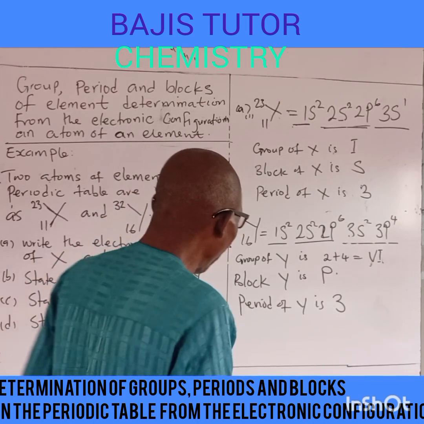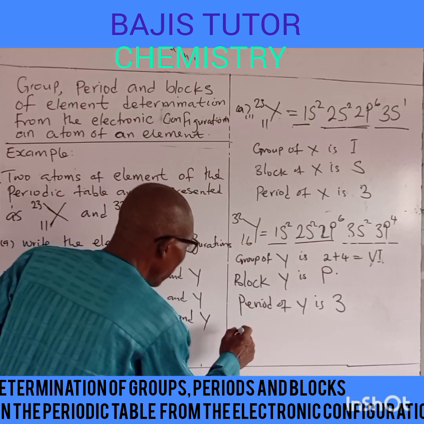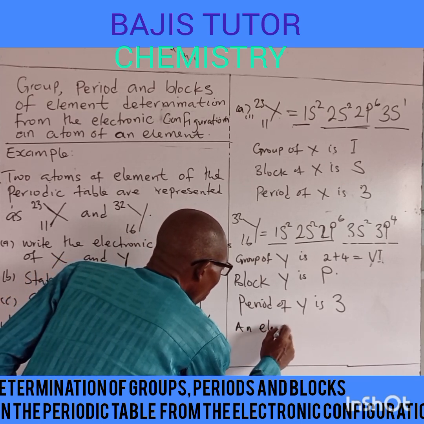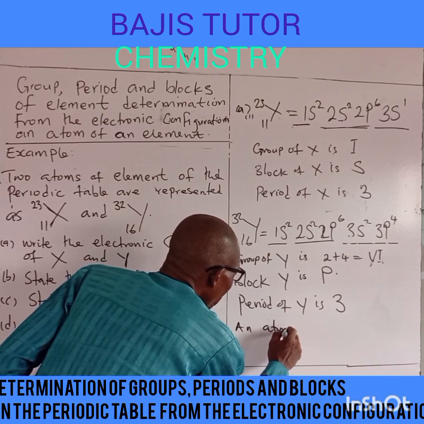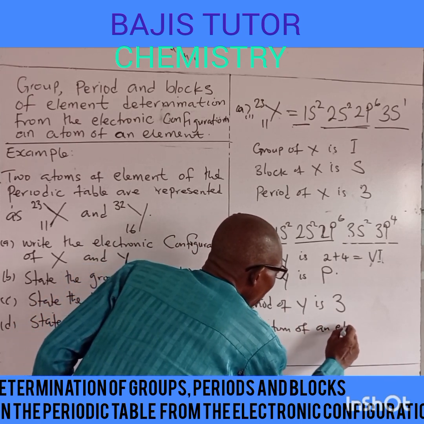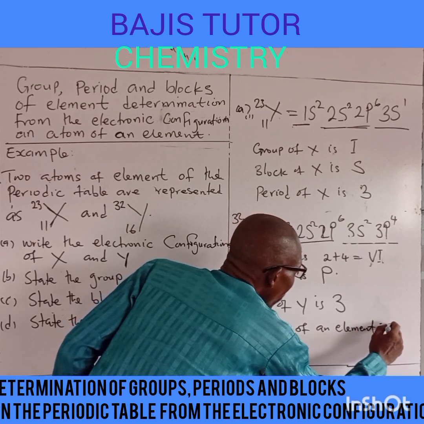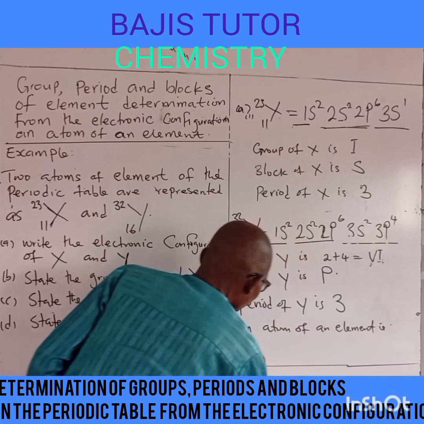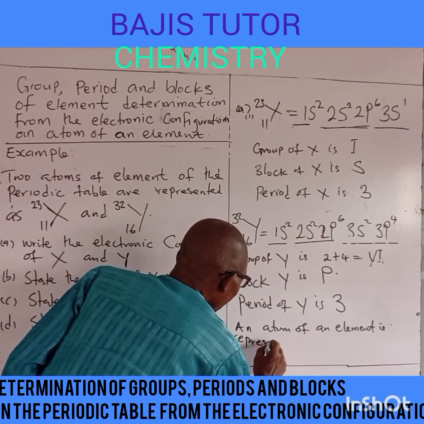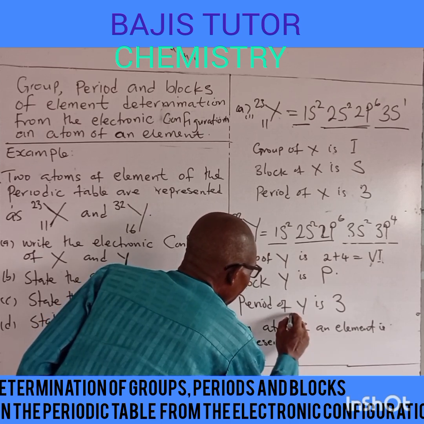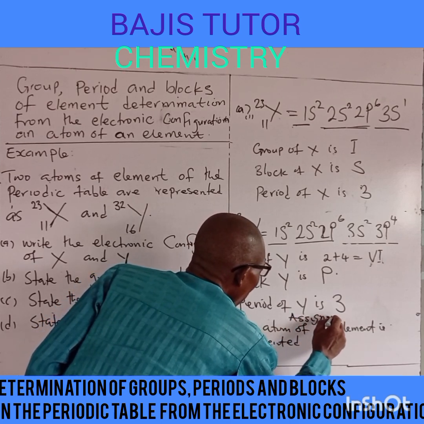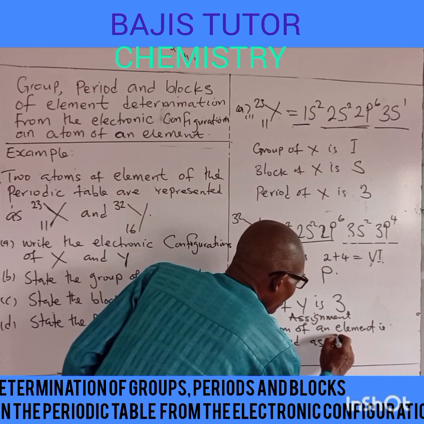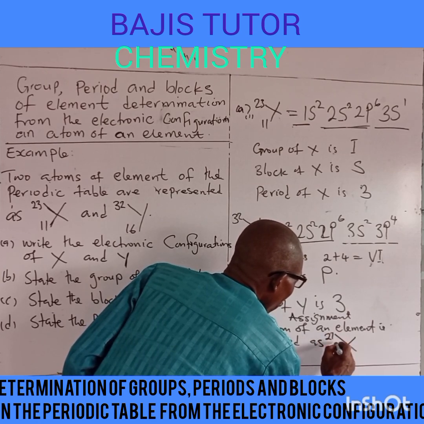An atom of an element is represented as X, 27, 30.